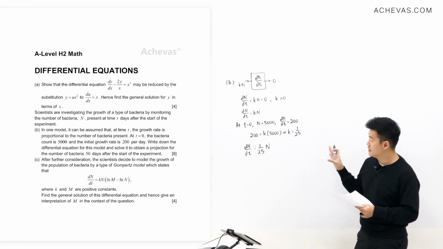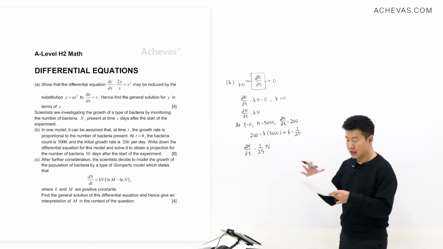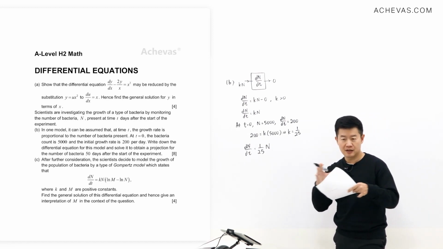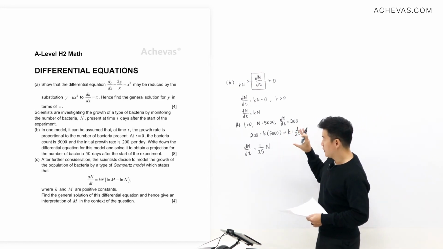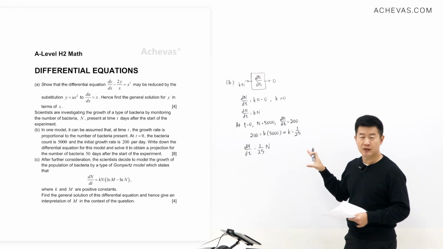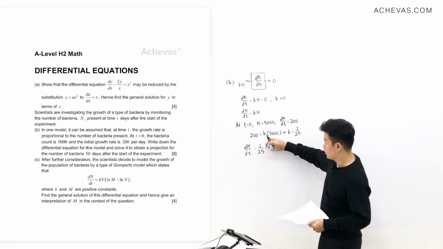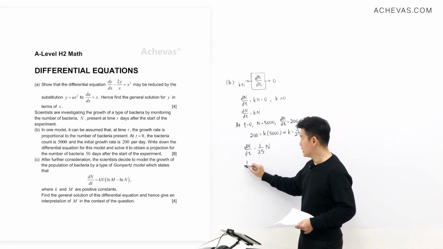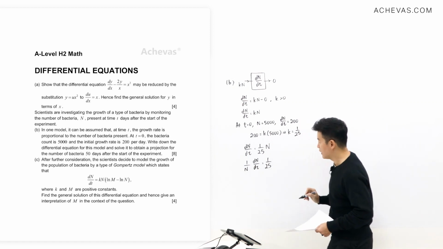Let's solve this differential equation so that we can do that projection that the question requires. We want an equation of N and T without all the differentials here. This is a first order variable separable differential equation, and according to how we have discussed it in the theory part, we are going to divide across to the other side, which gives us 1/N dN/dt is equal to 1/25.